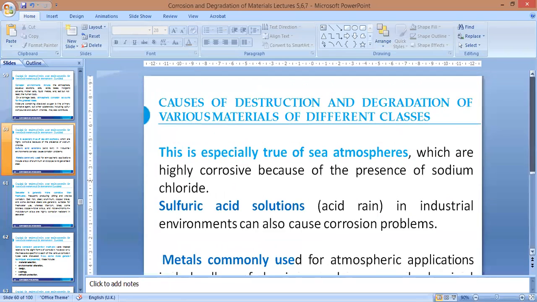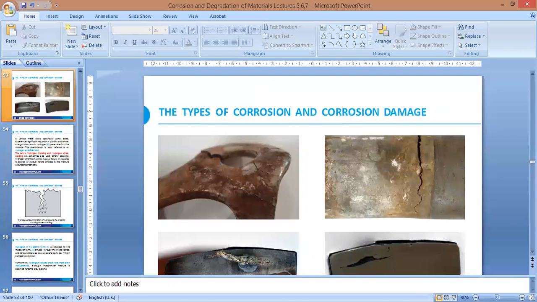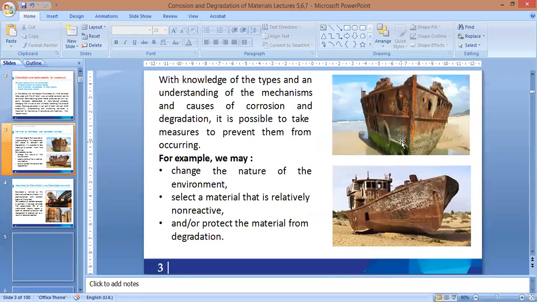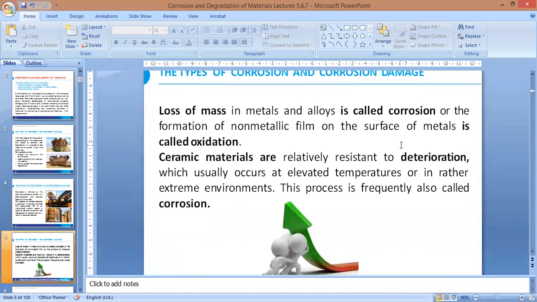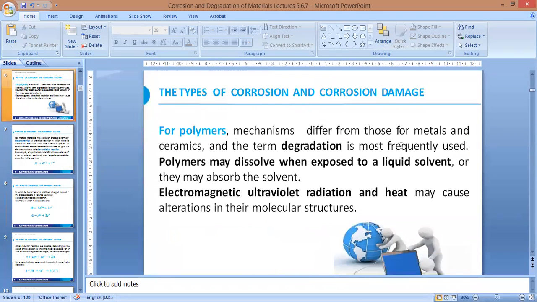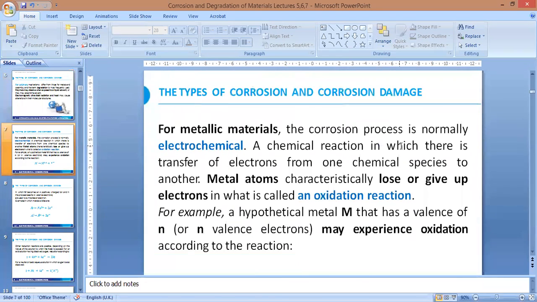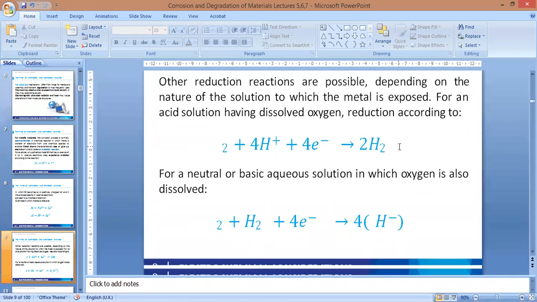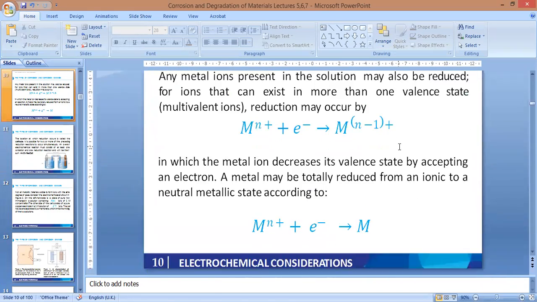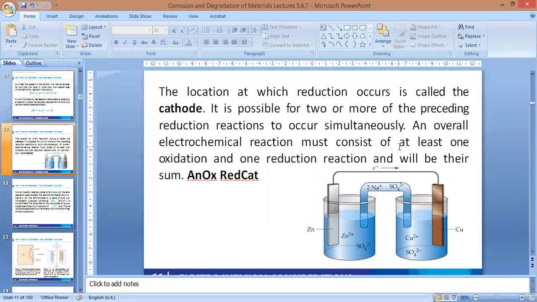So what's important, up to where we've reached, is just to know the types of corrosion. If you can briefly explain each type of corrosion, and apply the formula, we'll do 1 or 2 examples in class, and then I think we're good to go on this one.